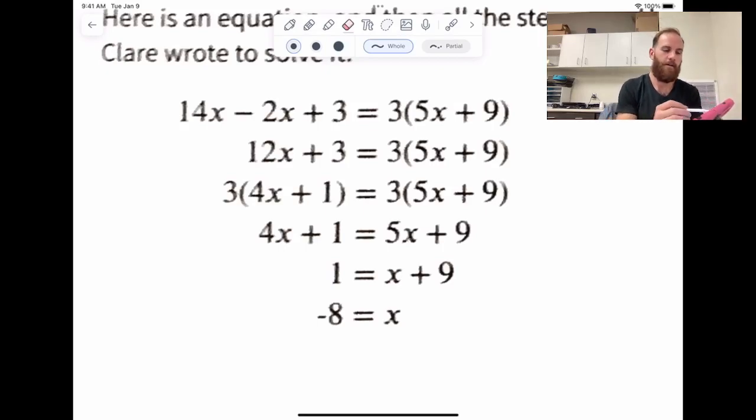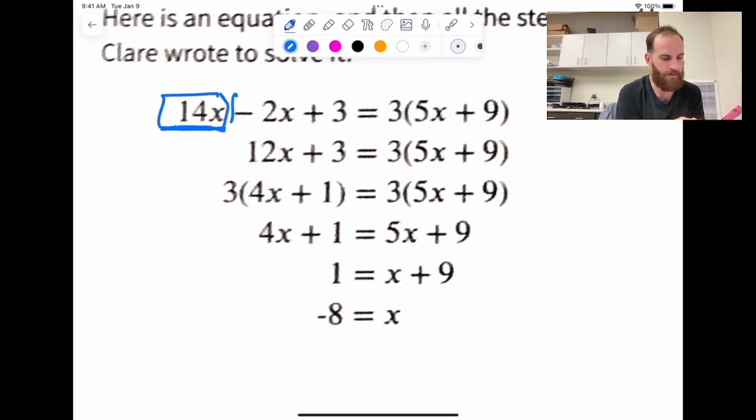So what it looks like Claire did here, and feel free to go ahead if you haven't already figured this out, we can start by combining like terms. That's what Claire did. She combined this 14x with this minus 2x to get 12x. That's that initial step. The following step's kind of funky.